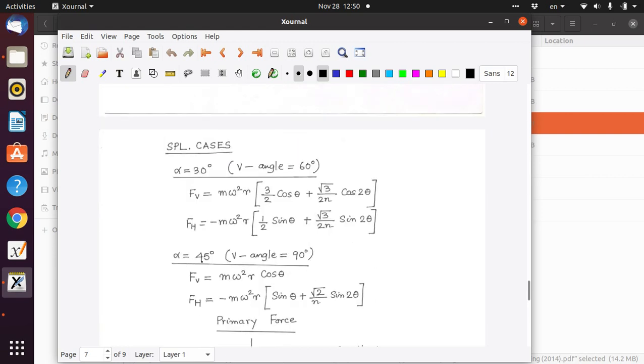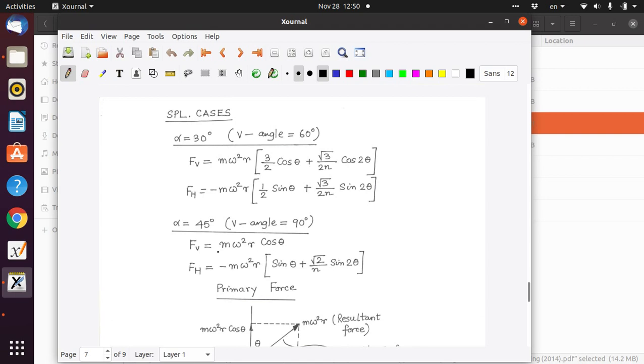And if alpha is 45 degree, that is, V angle is 90 degree, which is generally used, then you get Fv, the primary part. For Fv the contribution from the secondary part is nothing here, and this is the primary part and this is the contribution from the secondary unbalance.